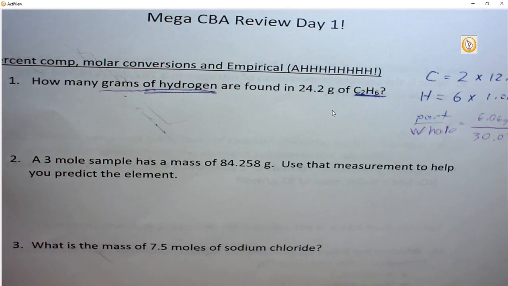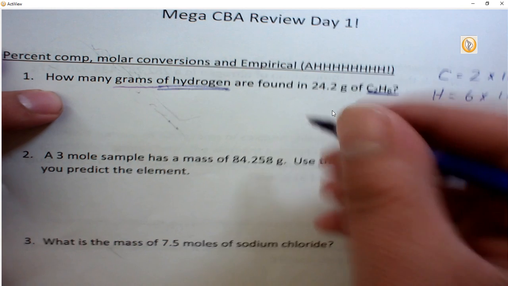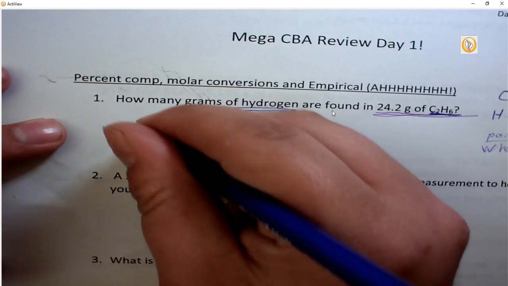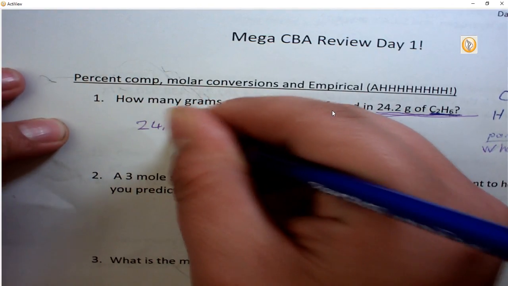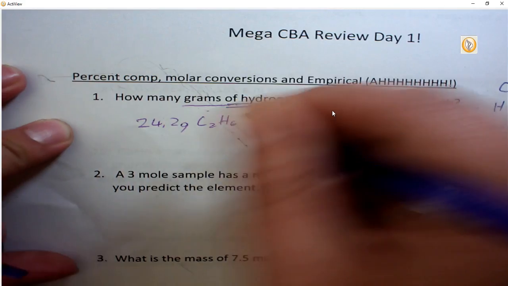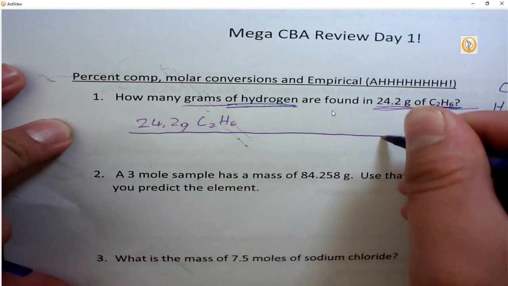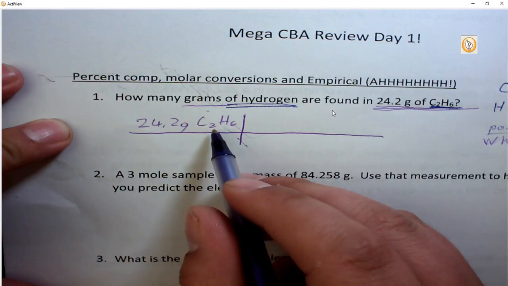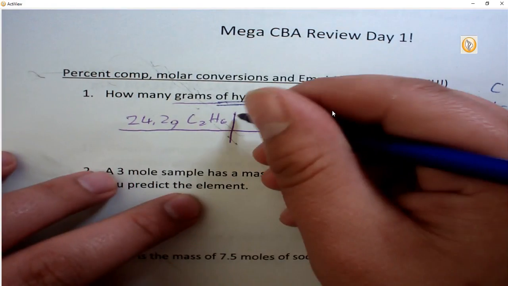So we can actually just do a regular train track out of this. So as with all train tracks, we're going to start off with what we're given. So we begin with 24.2 grams of C2H6. Notice how I'm always including a unit and a compound, just like you should always do.